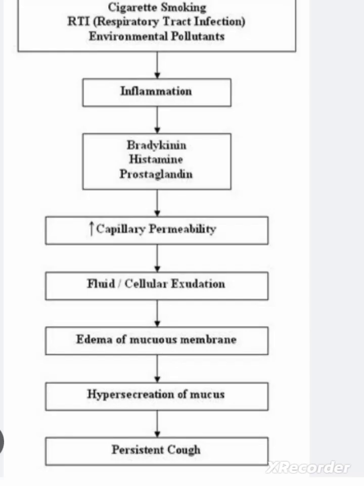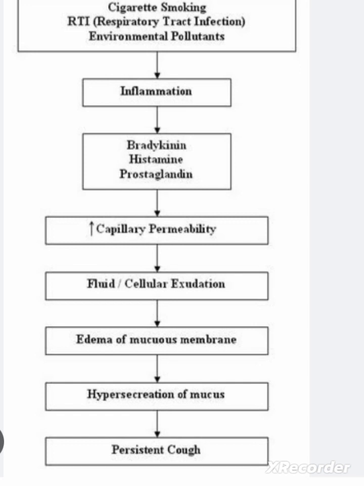The main pathophysiology of bronchitis: the etiological reasons, maybe cigarette smoking, infections or environmental pollutants, lead to an inflammatory response in the body. That's why there will be release of bradykinin, histamine and prostaglandin.